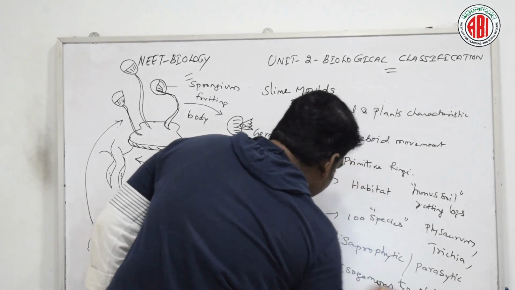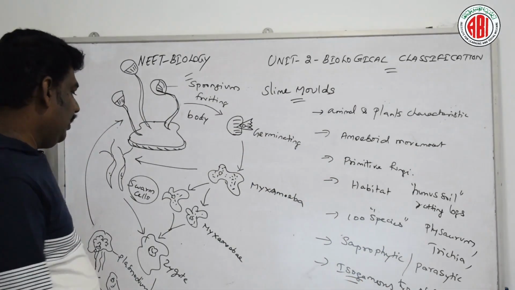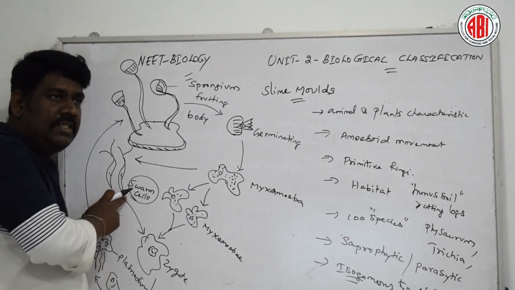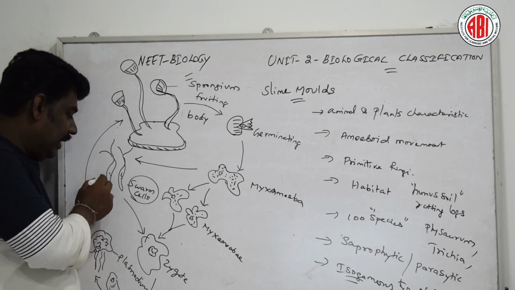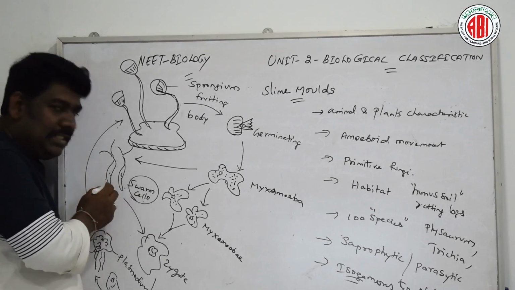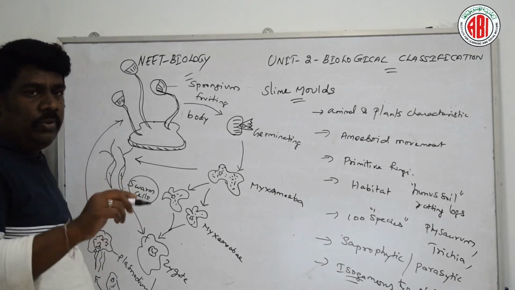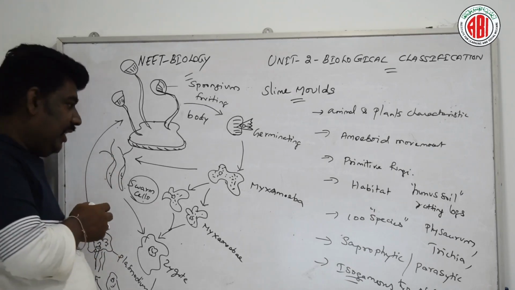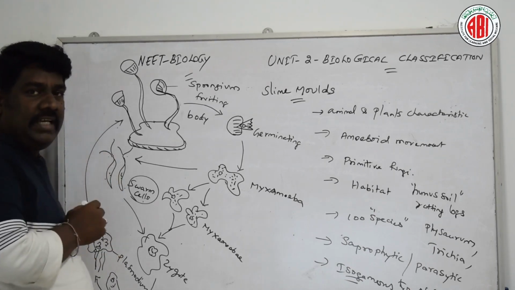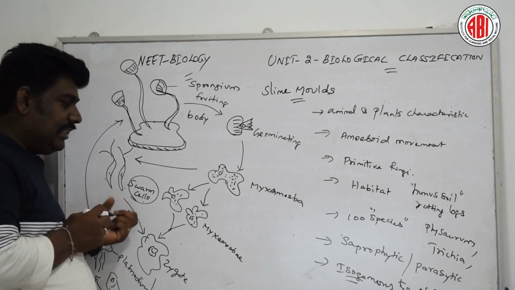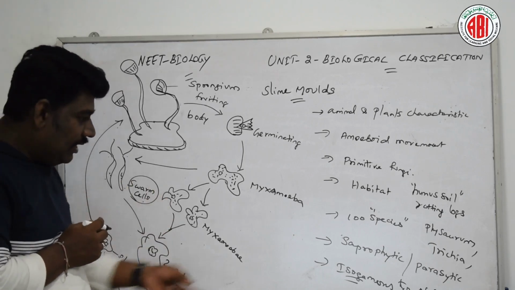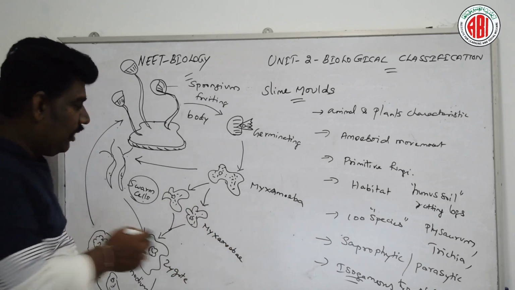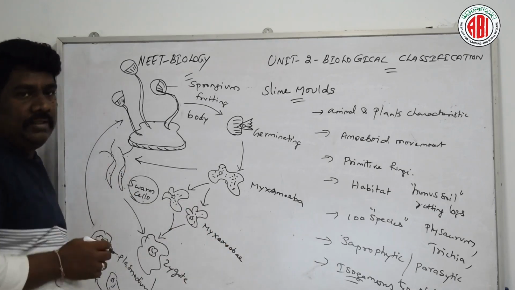The meaning of isogamous is that both the gametes are similar to each other. Both the swarm cells are acting as two different gametes, but structurally they are both biflagellate, and they are called isogamous. Isogamous means similar to each other. Both the gametes are similar.